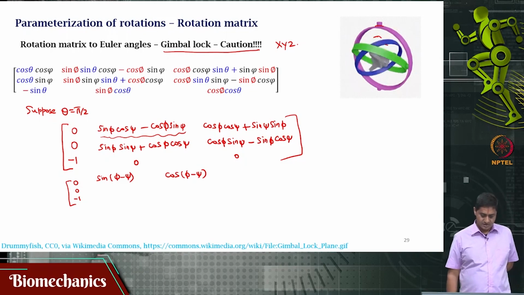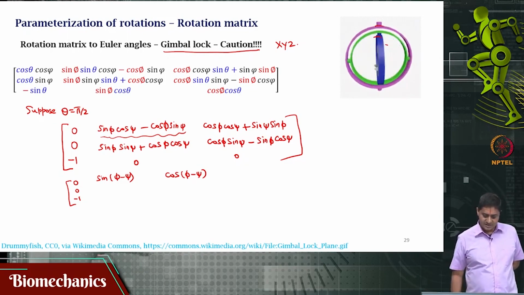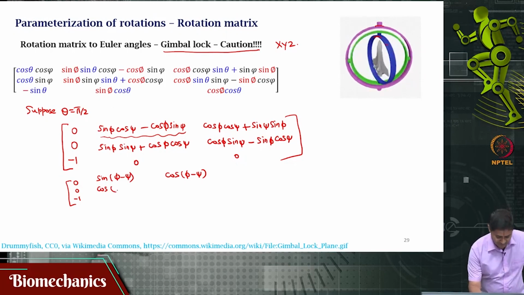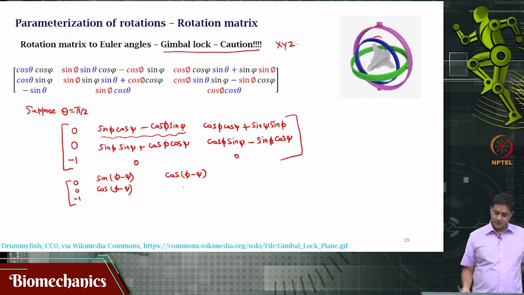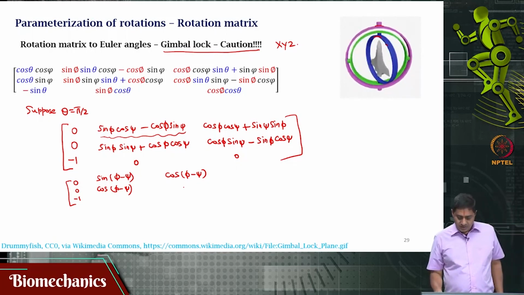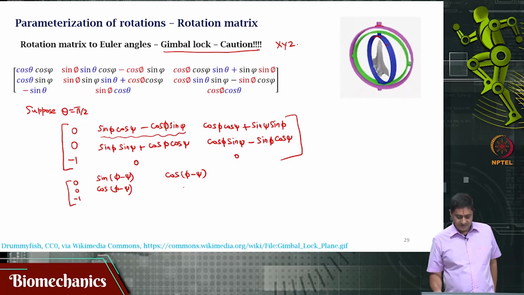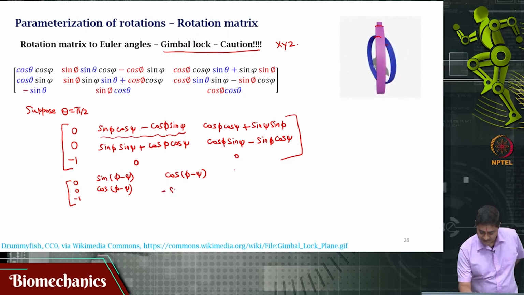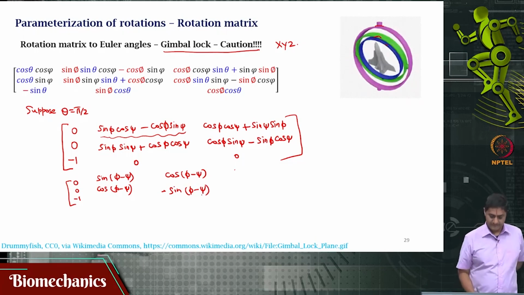The next one again is sin phi sin psi plus cos phi cos psi, that is again cos of phi minus psi, and the next one is cos phi sin psi minus sin phi cos psi, that is actually minus sin of phi minus psi.